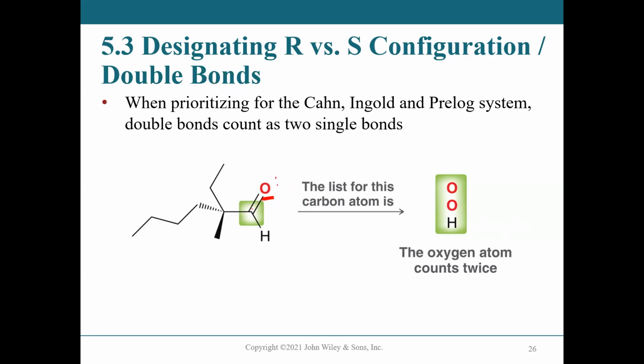So this is your bigger one. So here's your 1. This is going to be your lowest priority. This will be 4. 2. Actually, I should put it like this. So it goes on like that. That'd be R, but since the lowest priority is a 4, it's sticking out front, it turns into S.